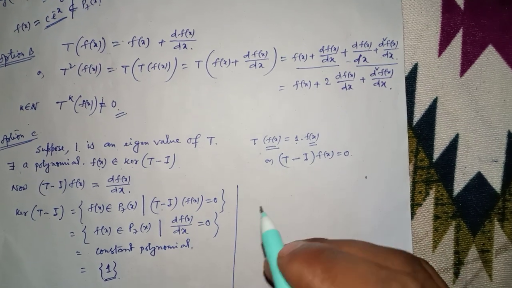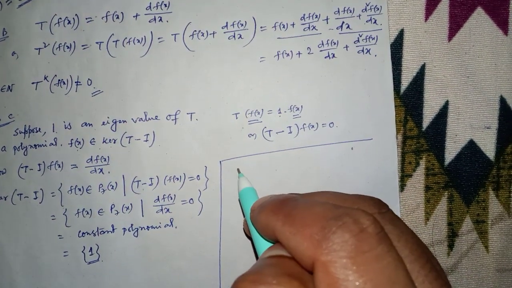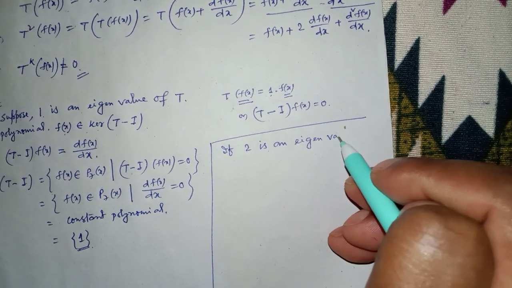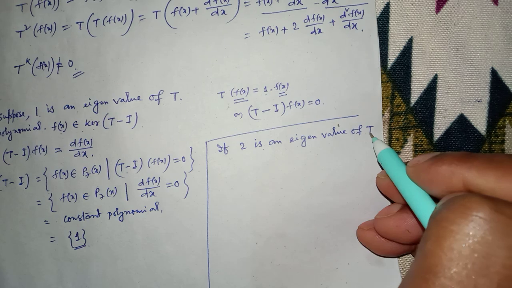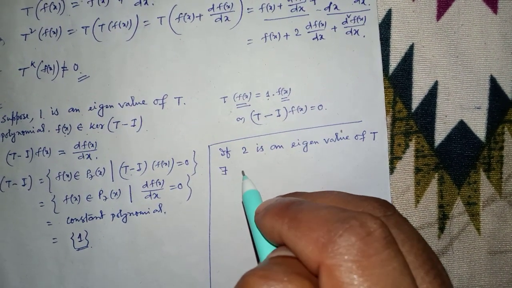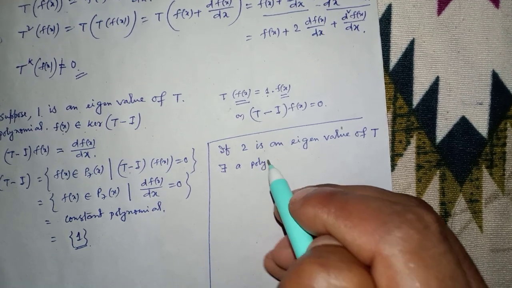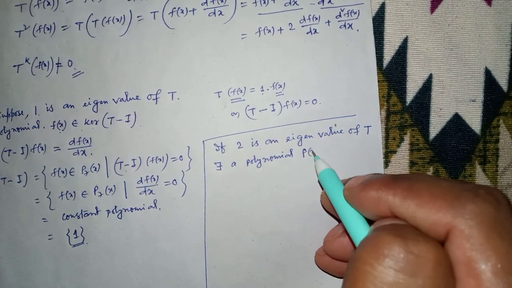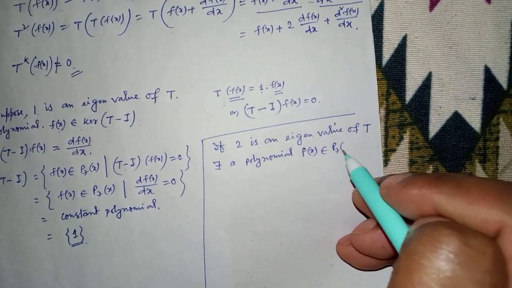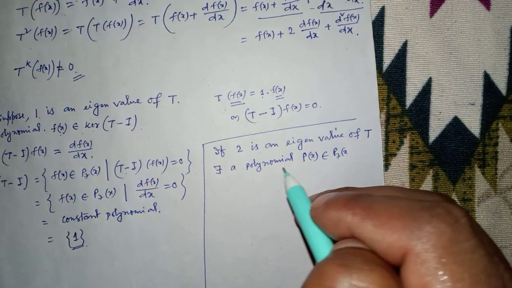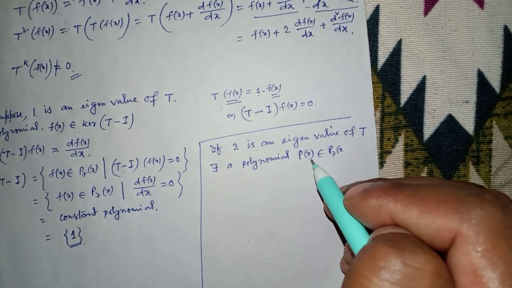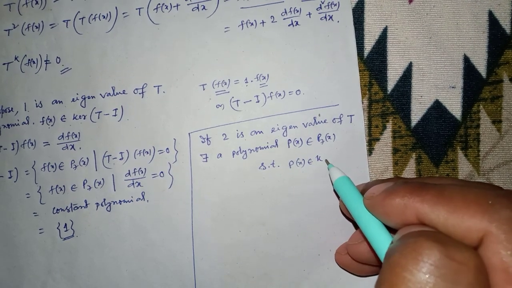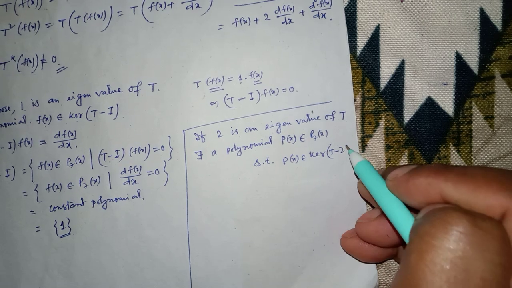Similarly, if 2 is an eigenvalue of the linear transformation T, then there exists a polynomial f(x) or p(x) belongs to P7(x) such that p(x) belongs to kernel of T − 2I.